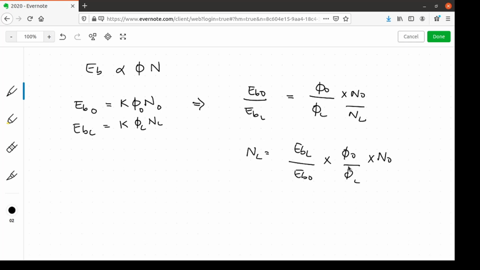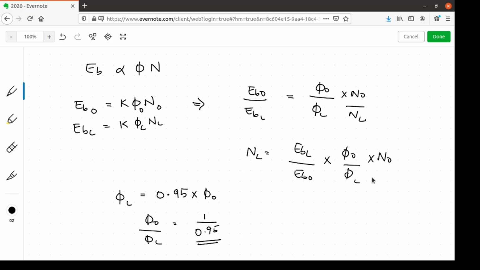So we have N naught, EBL and EB naught, but we don't have the flux ratio. This ratio of flux can be obtained from the given quantity that there is a 5% reduction in the flux due to armature reaction. Which means phi L, the flux under loaded conditions, has reduced by 5%. So it will be 95% of the value under the no load condition, which means it equals 0.95 times phi naught. So phi naught by phi L equals 1 by 0.95.